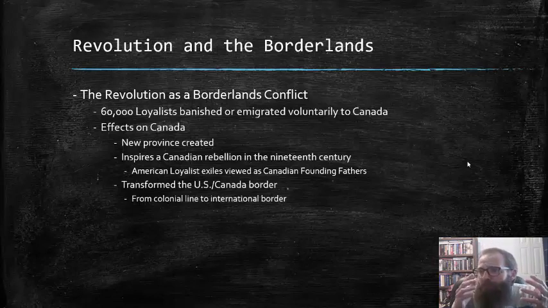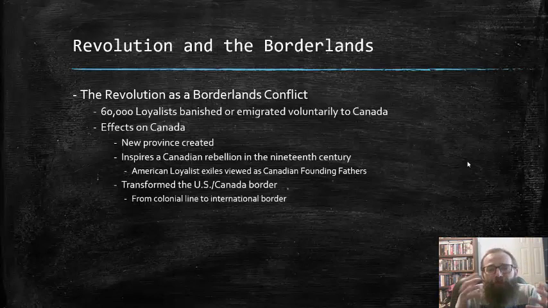This influx of British settlers radically transformed the Canadian social and political milieu. It actually inspired a Canadian rebellion in the 19th century, and American Loyalist exiles were viewed by many as Canadian founding fathers, and this also helped to establish Canadian identity, as it were, in juxtaposition with American or United States identity.